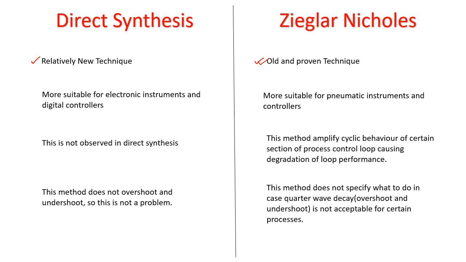Now, when Ziegler-Nichols was developed, at that time mainly pneumatic instruments were there. And the Ziegler-Nichols technique is such that it provides a more stable output in the case of the pneumatic system, which contains bellows, Bourdon tubes, or baffles and nozzles.